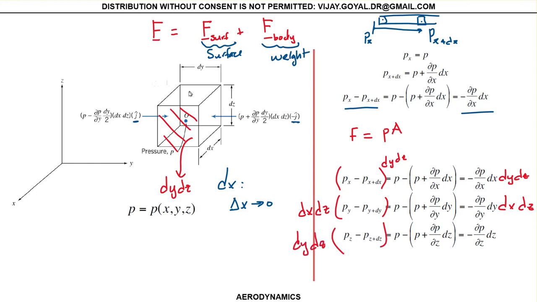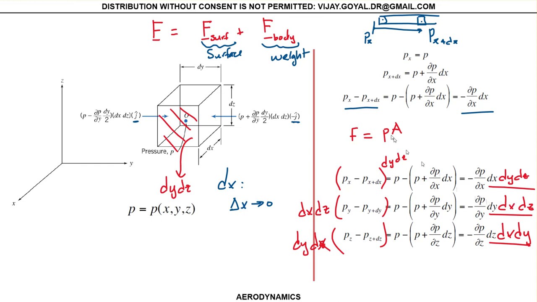As you can see, when it is in z, the area is dx dy. Okay, and if you realize now, all of these are identical. They're completely the same.